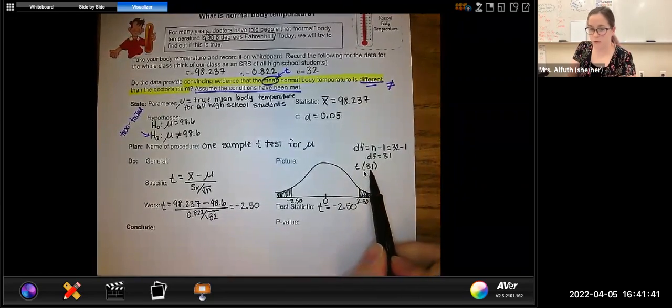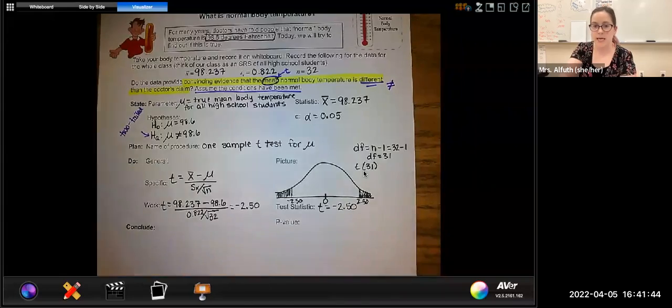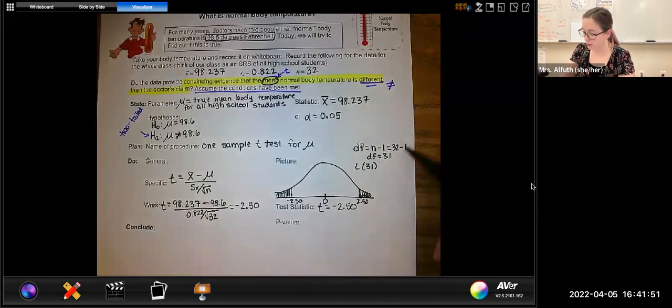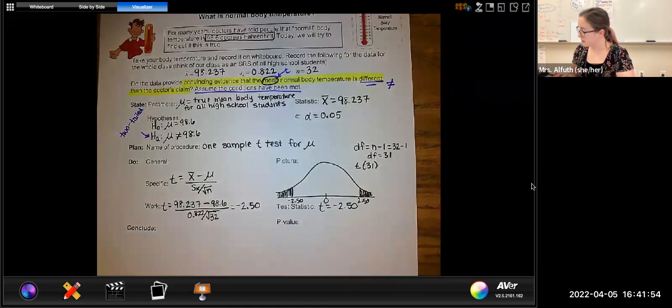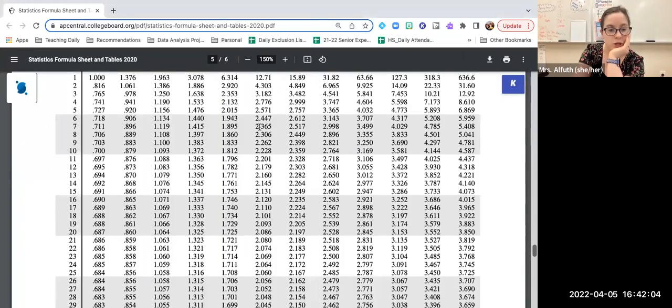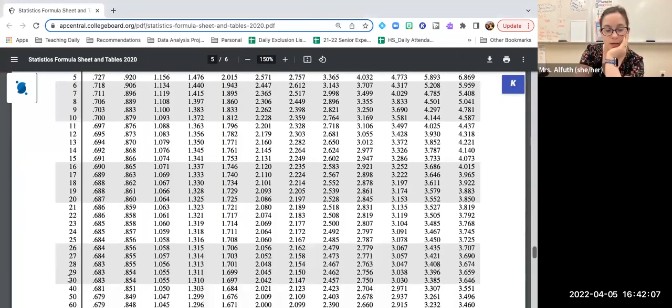So I'm going to look for 31 as my degrees of freedom. If we don't see it, remember, we always round down. We don't actually have 31. We have 30. So instead, we're going to go with 30, and because we want to stay less than, we're going to get as close to 2.5 as we can. 2.457 is as close as we've got.